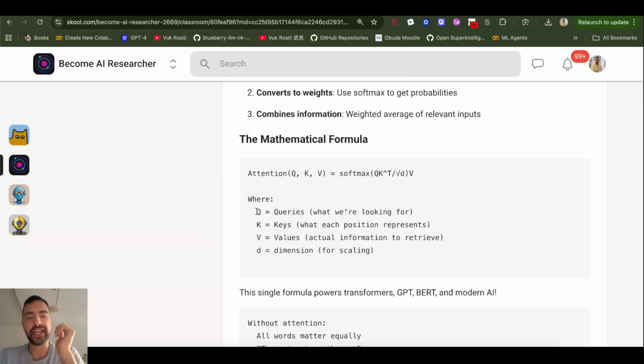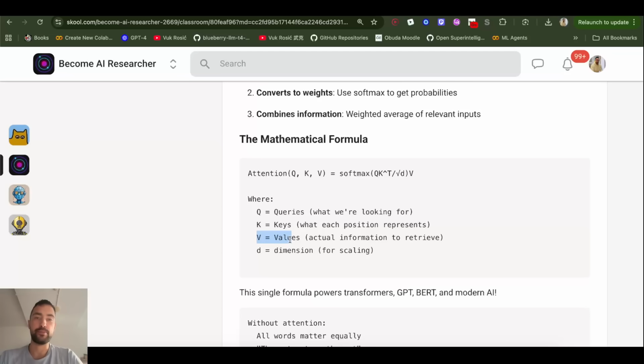So each token will have a query, key, and value. Query says which information am I looking for? And then key says which information I have. And the value is the information that it gives. Now, keep in mind, there is a difference between explaining which information you have and that information.